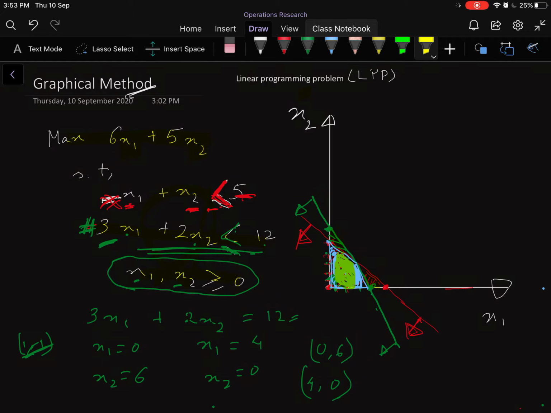constraints. Now in this common region, which are the corner points that are of our prime importance? This point, this point, this point, and this point. So this point is definitely 0, 0. Then this point is 0, 5.